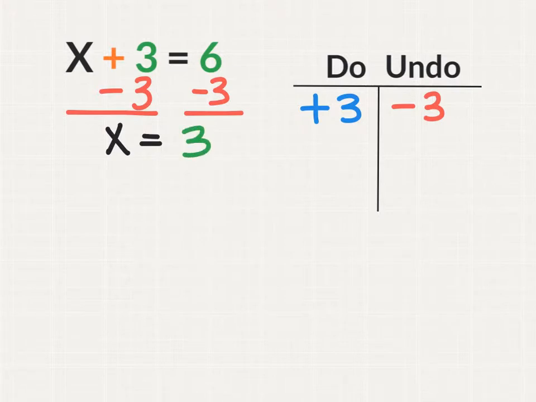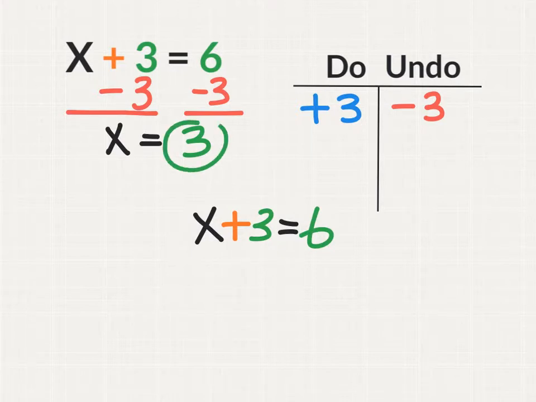Now, we have a solution, but we want to check our work. And you may remember that we check our work by rewriting the original equation and then substituting our solution in place of the variable.